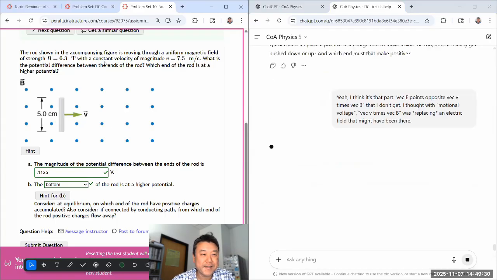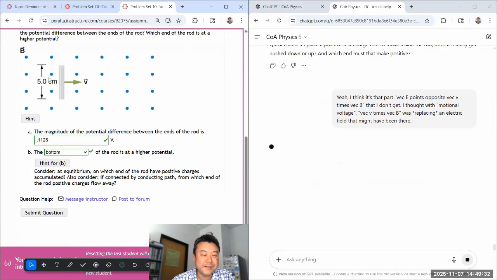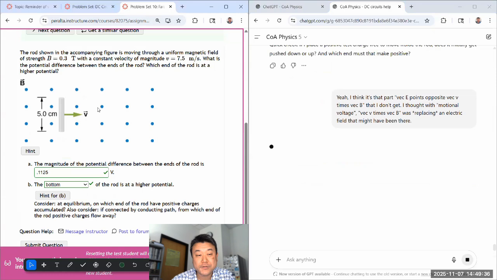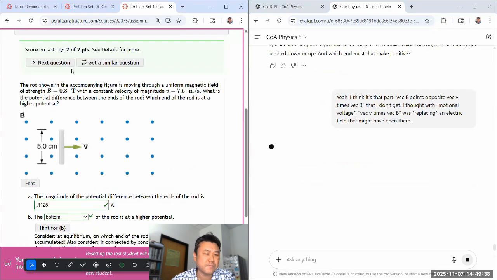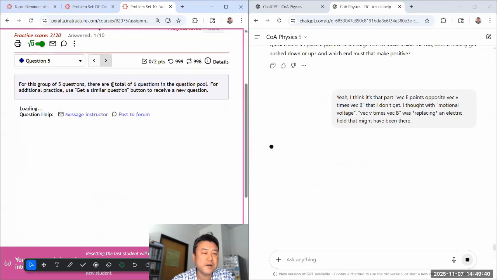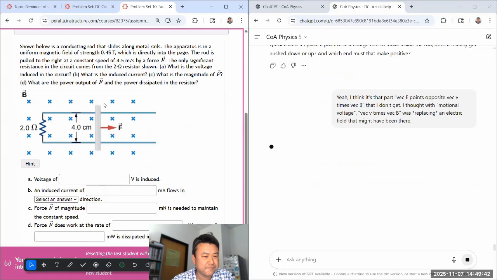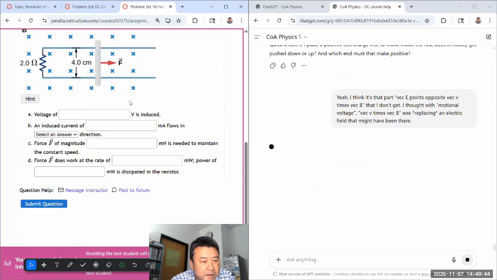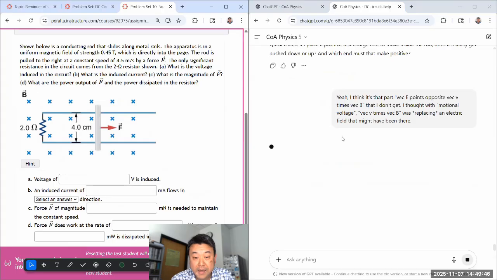Let's move on and do one question. It is fine with Faraday's law. There are other Faraday's law questions to ask. This one is motional voltage, but there are Faraday's law proper questions like these. I'm sure it'll do fine. And actually, let me give this a try. With this question, instead of working through it, I'm going to ask it, can you just give me some answers to double check what I got?